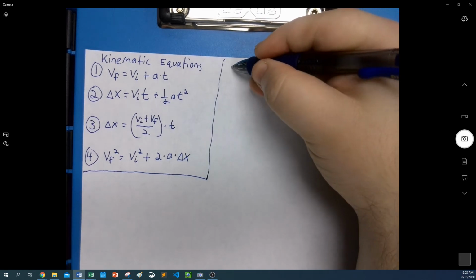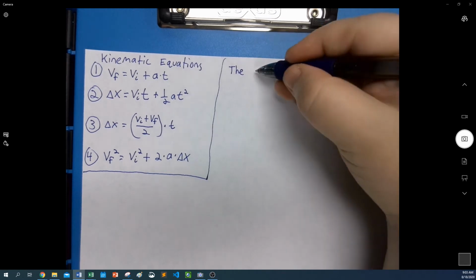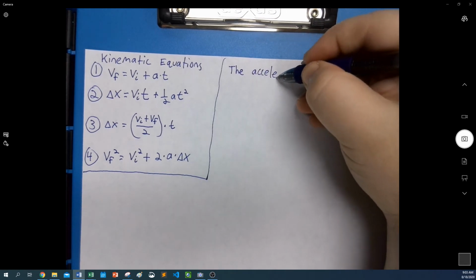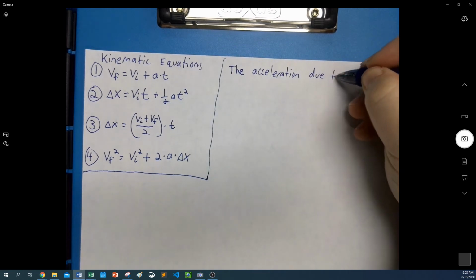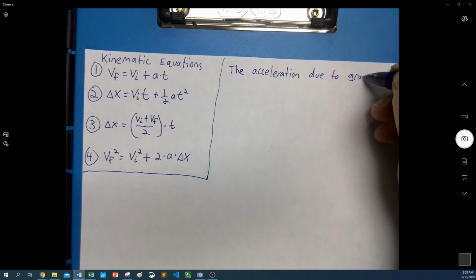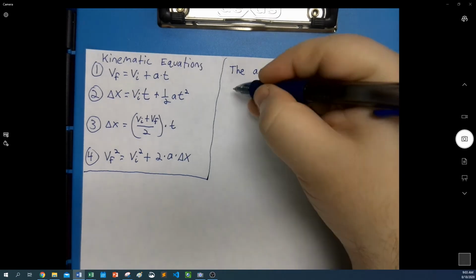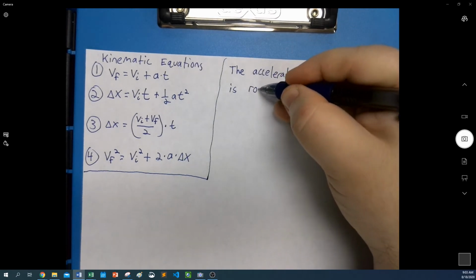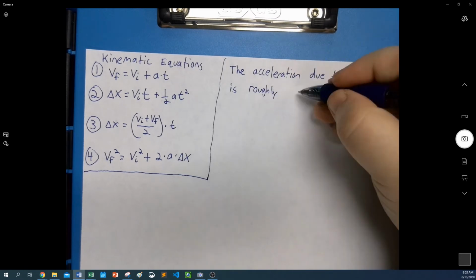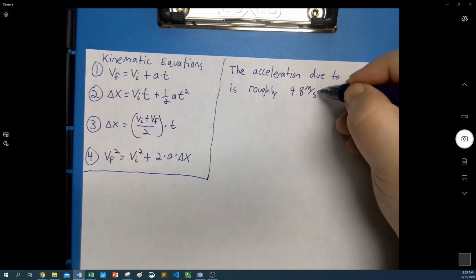So the acceleration due to gravity is roughly 9.8 meters per second squared.